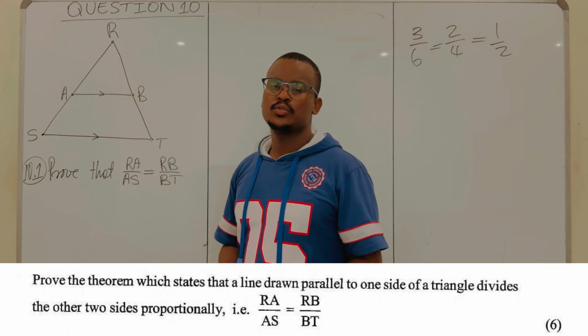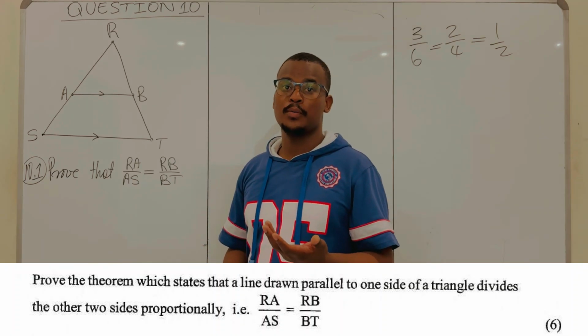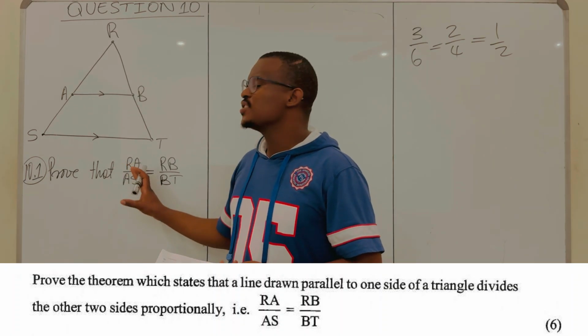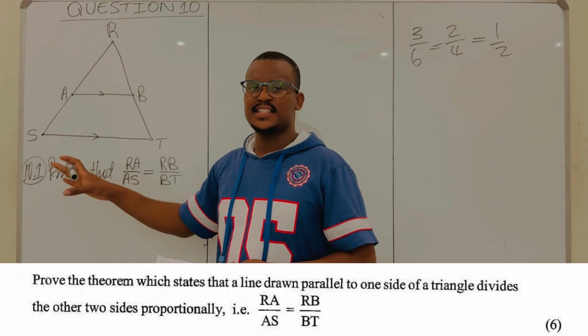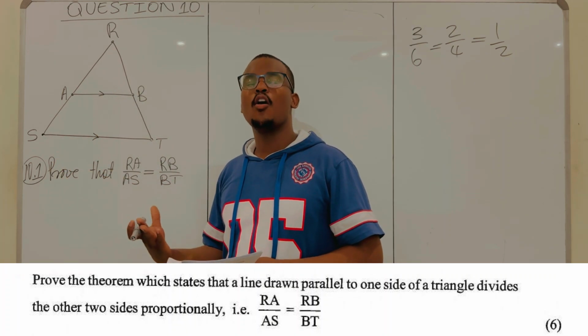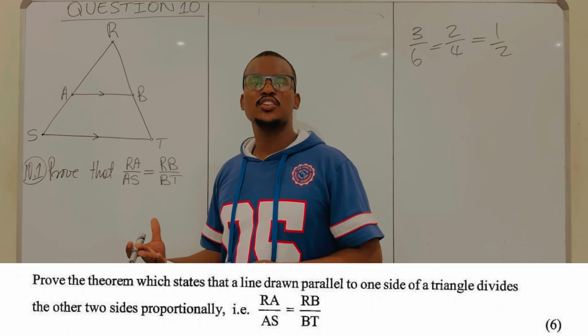And also what you need to know is that this is not the only ratio that you can deduce out of this. As long as you take the ratios of the same parts, then your ratios will be equal.